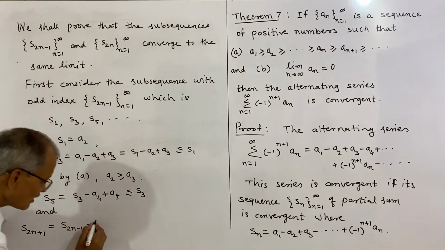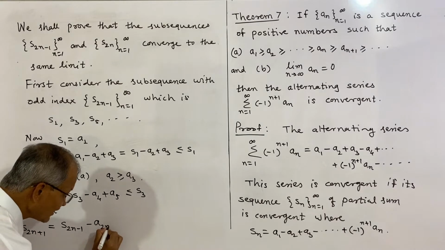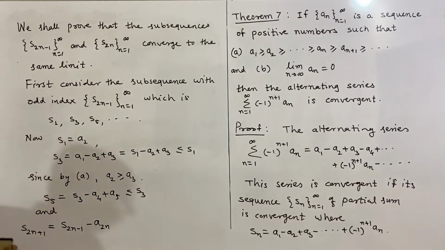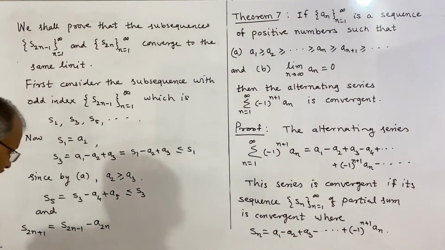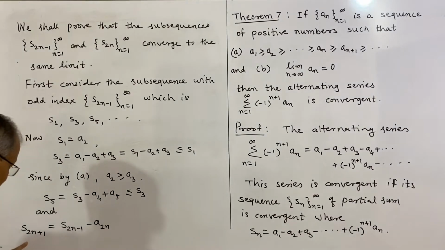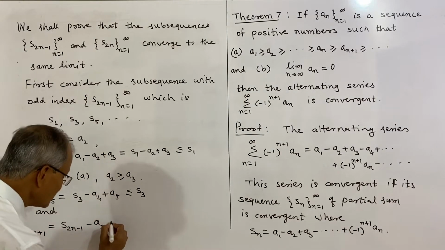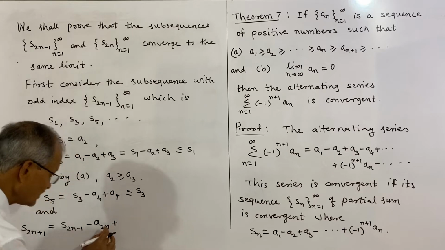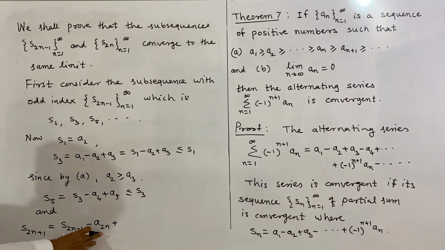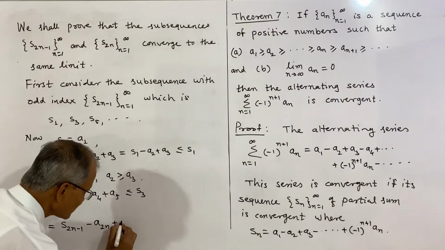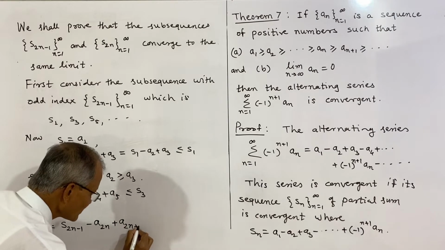The 2nth term is even indexed, and that is negative, minus a2n, and next is with odd index, and that will be positive, that is plus a2n plus 1.